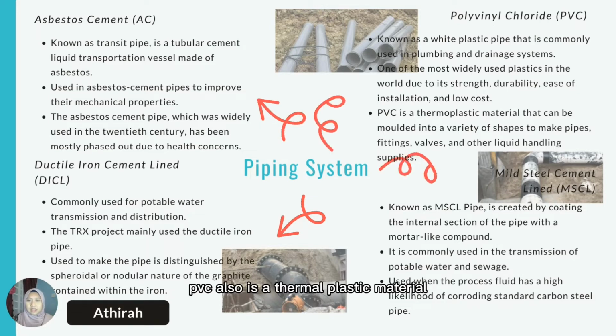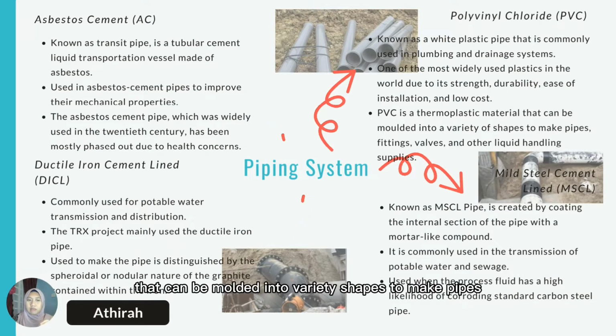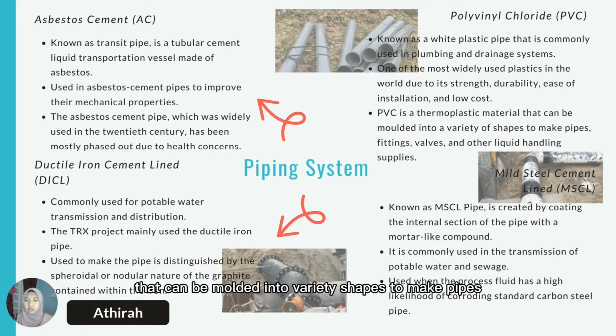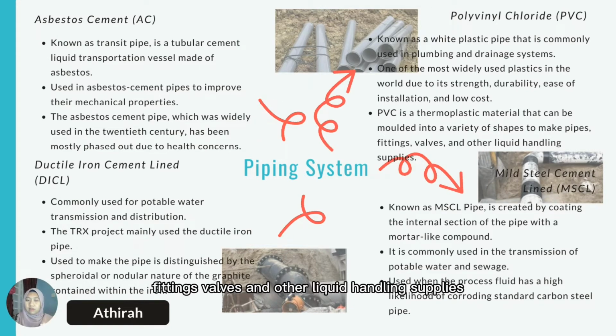PVC also is a thermoplastic material that can be molded into a variety of shapes to make pipes, fittings, valves, and other liquid handling supplies.